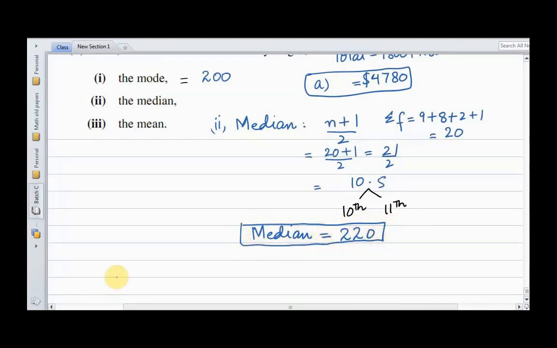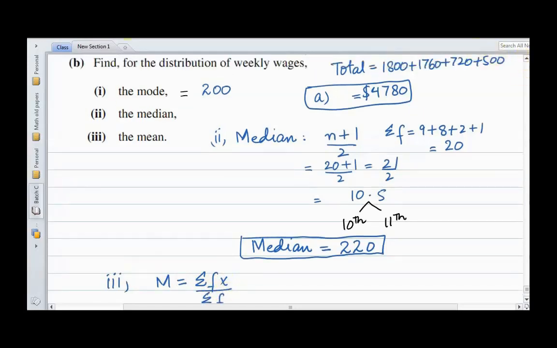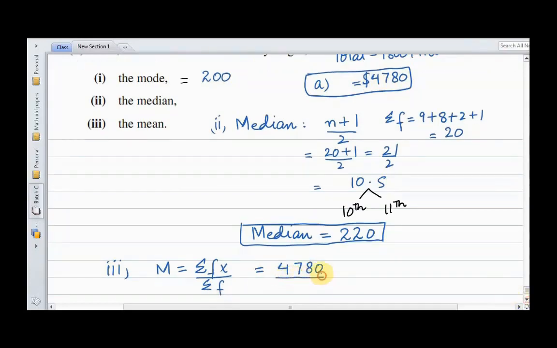For the last part you need to find the mean. We are dealing with group data, so mean is summation of fx divided by summation of f. The good part is we had already found the value of summation fx, that is 4780, and summation of frequency, that is 20.